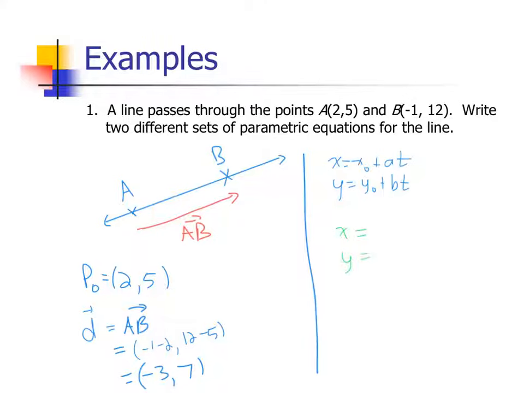Now we know the x coordinate of our P naught is 2, and the y coordinate is 5, plus A. A is the x portion of our direction vector, so that's -3. So yeah, I'll put in plus -3, or we can just say minus 3. T is our parameter, and 5 plus our y component of our direction vector, T. And that is then the parametric form. Now note, we could have many parametric forms. Right here it asks for 2 of them.